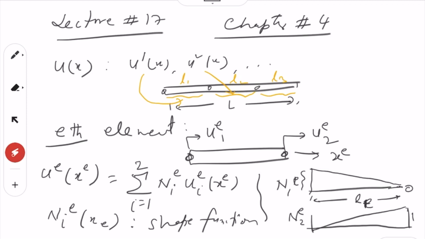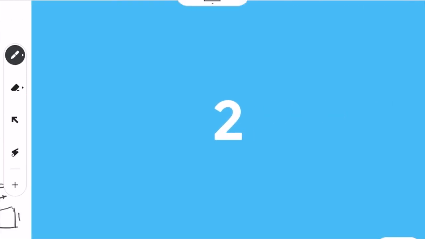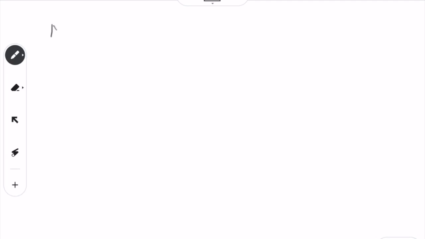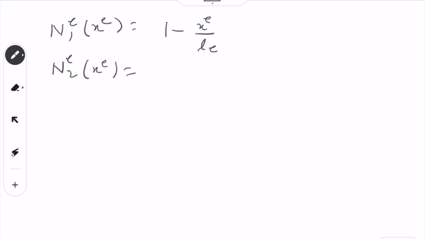Looking at the expressions, we can write N1^e(xe) is equal to 1 minus xe over Le, and N2^e(xe) is equal to xe over Le.